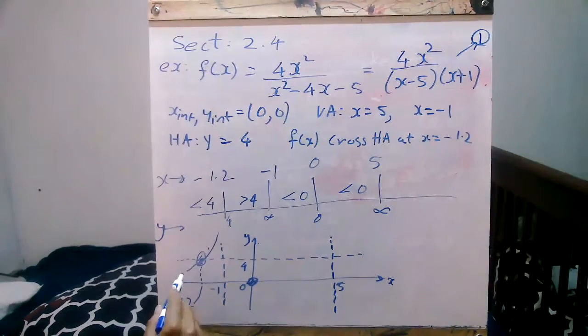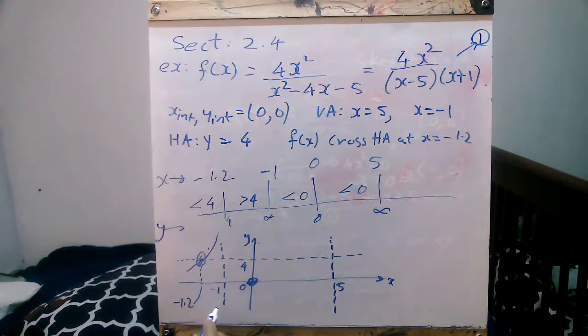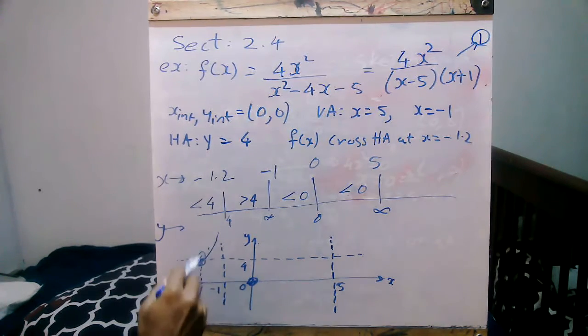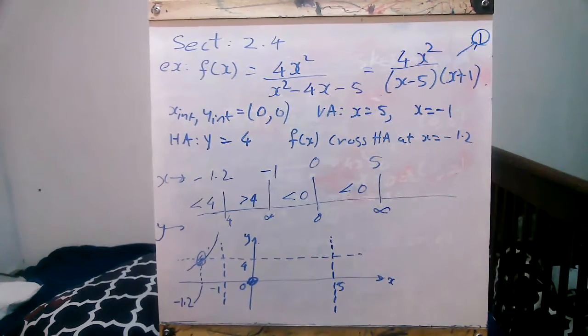It cannot go down or come back and get closer to negative 1 again, because this is a function, and then it fails the vertical line test. And remember, this is a horizontal asymptote. The only possibility is it will go up again, getting closer and closer to y equals 4.